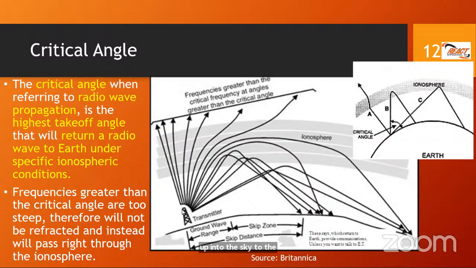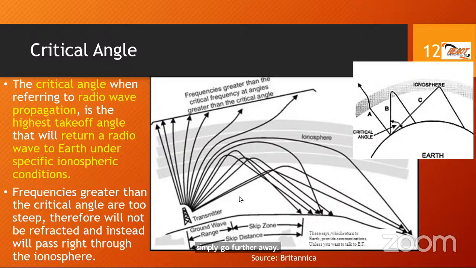We can construct our antenna in a particular way that will cause the signal to leave the antenna at a high angle of radiation like this, or at a low angle of radiation like this, or an even lower angle like this. And you'll see when we send a signal at these low angles, the signal will certainly go further away, right? So this is what we are trying to do as hams.